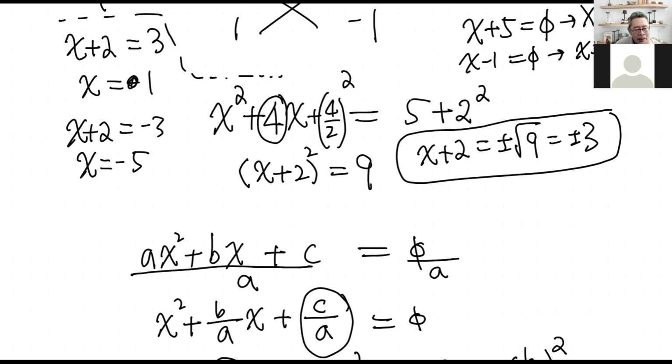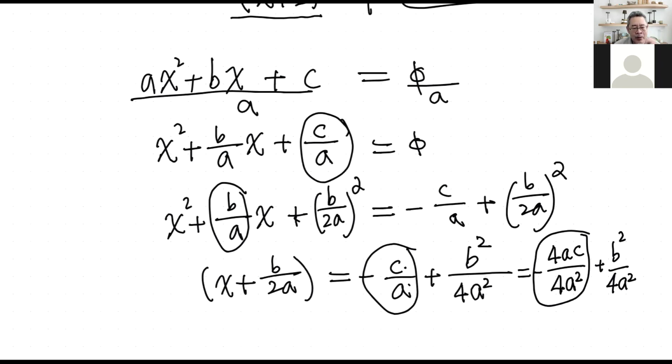Half of that, 4 divided by 2, is 2. Then this one we can write as this. Oh, okay. Good. So that is for us to make a square. That's why it's called completing the square.